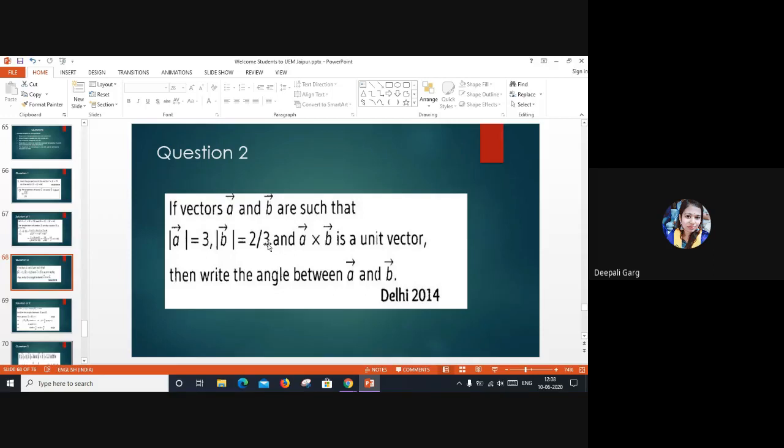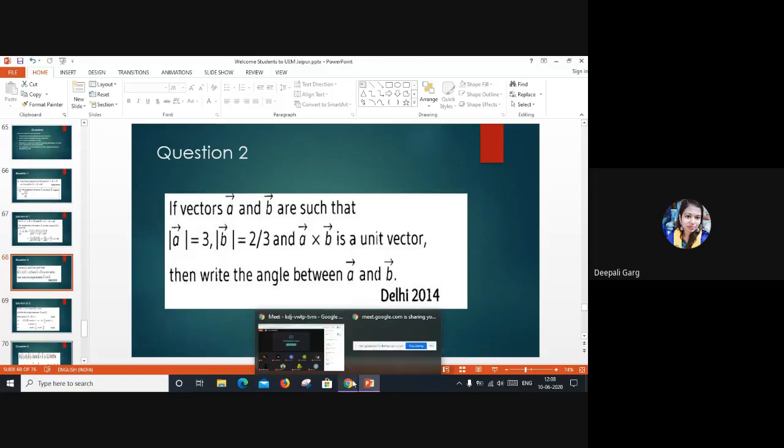Now what is the magnitude of A cross B? The magnitude of A cross B is AB sine theta. So you have to put AB sine theta equals 1.